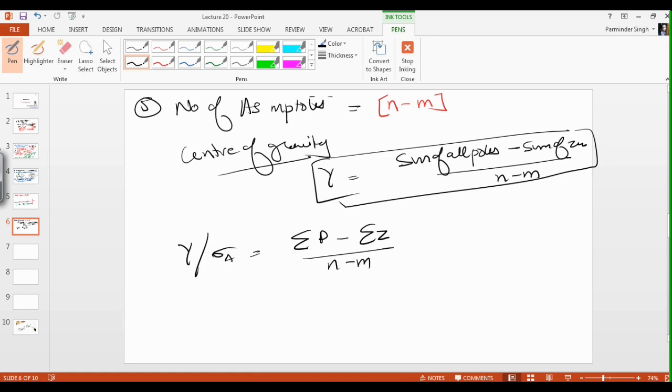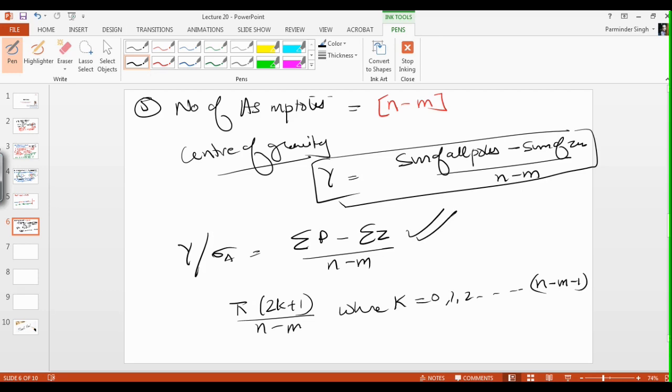Clear? Also, all these asymptotes make an angle with each other, pi times 2k plus 1 over n minus m, where k varies from 0, 1, 2 till n minus m minus 1. Clear? All these asymptotes originate from this center of gravity and they make an angle with this formula: 2k plus 1 over n minus m times pi, where k varies from 0, 1, 2 till n minus m minus 1.